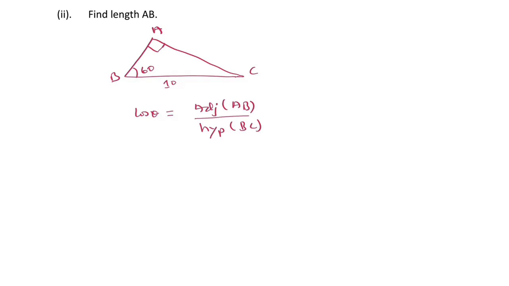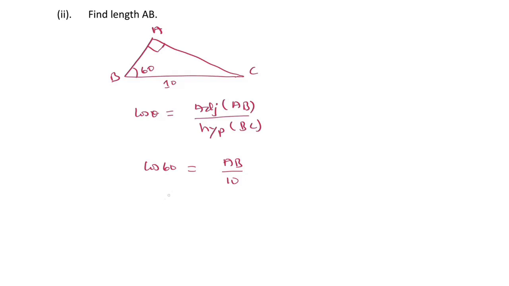From our figure, theta equals 60 and side BC equals 10. Let us substitute these values into our formula. We have cos 60 equals AB over 10. Next, let us make AB the subject.